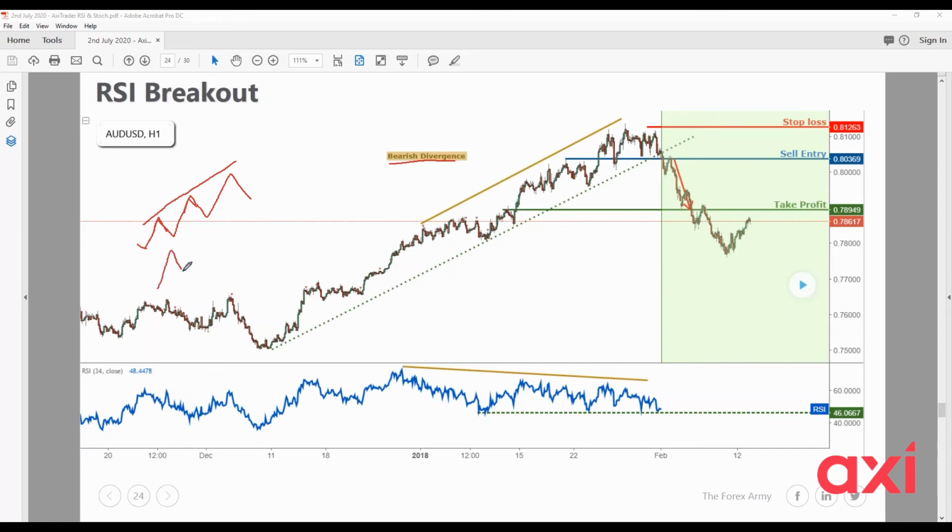RSI could be doing this, and like this. Right? RSI can be going downwards. So this clearly tells me there's a divergence in agreement, right? Price is going up, but why in the world is RSI going down? RSI is supposed to follow price, right? So if RSI is going down and price is going up, that is where a bearish divergence occurs, right?